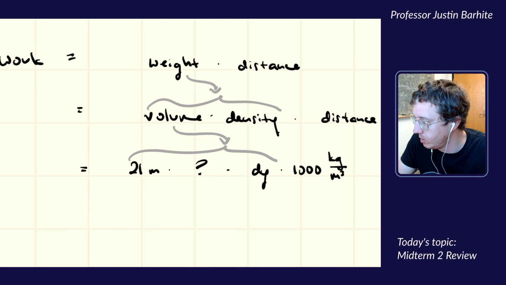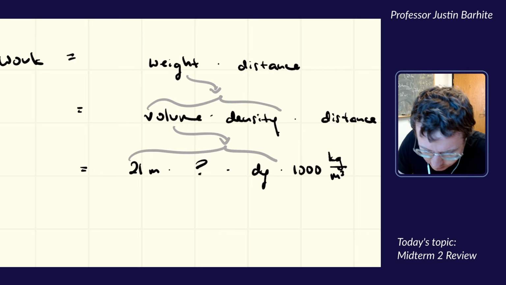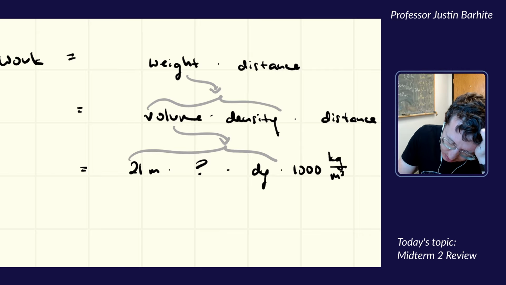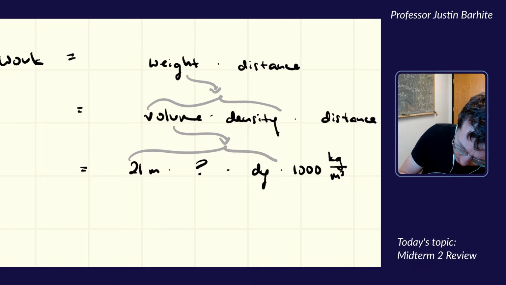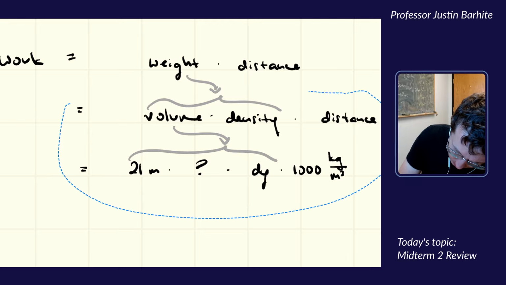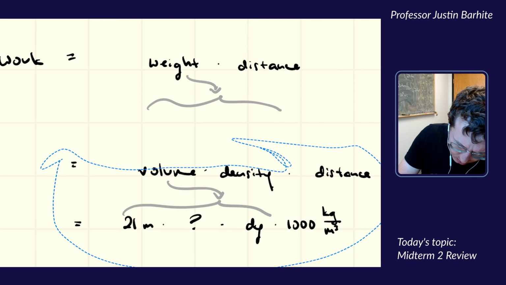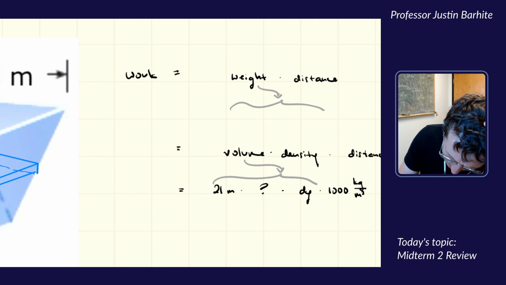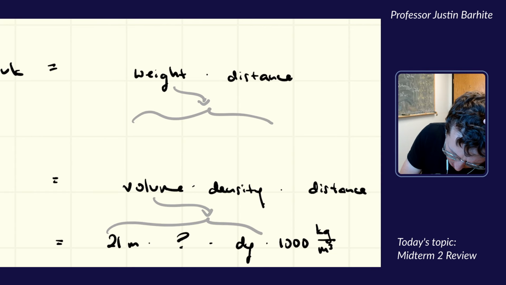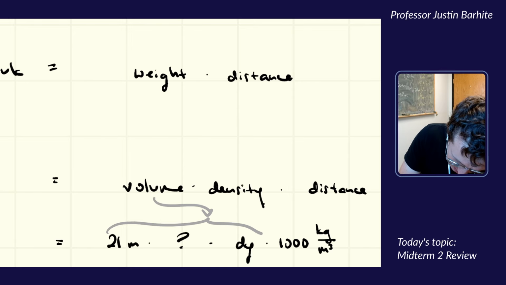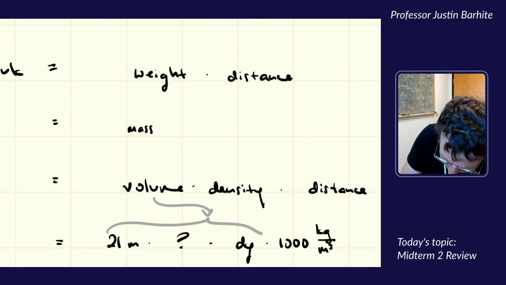This time we do need to include the gravitational constant g. So the weight is the mass times g.